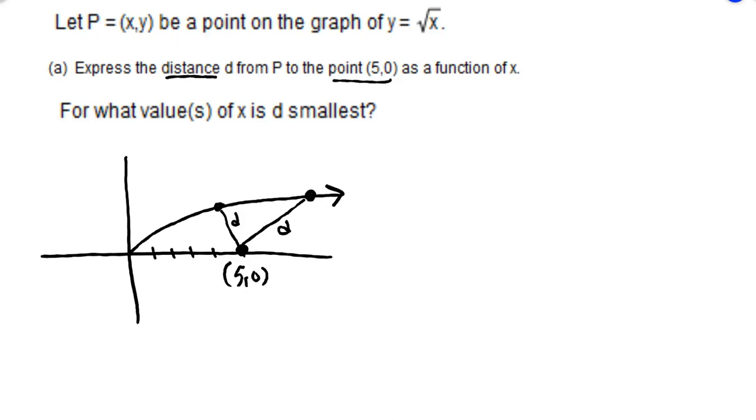So I'm going to label this point as (x, y), and we want to find the distance. I want to reduce the number of variables I have, so instead of writing y, we do know that this point is on the curve square root of x, so we could write this point as (x, square root x).